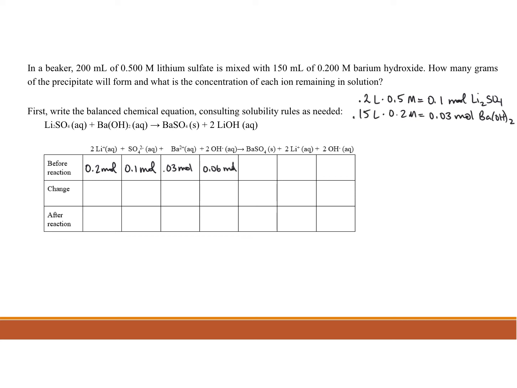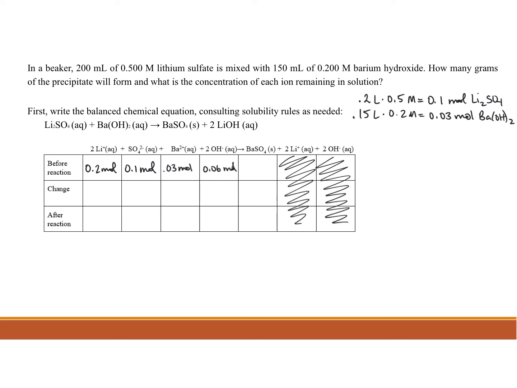And what we care about is the grams of the precipitate that will form. We can actually ignore the spectator ions, at least on the right side. You'll see why in a moment.